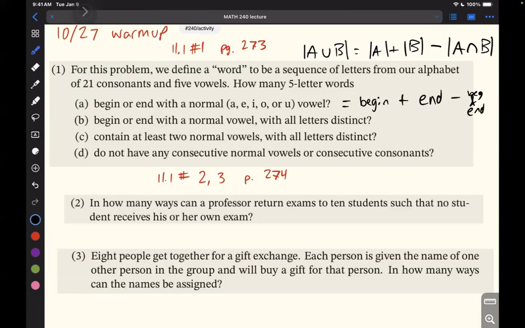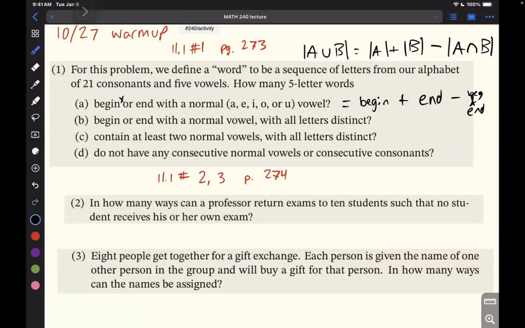Because we don't want to, so this, I believe, is secretly an exclusive or, where we want to either begin or we want to end, but not both. That's too much. And so we overcount that if we just add, here's all the possibilities where we start with a vowel. Here's all the possibilities where we end with a vowel. And then you just subtract the overcounting.